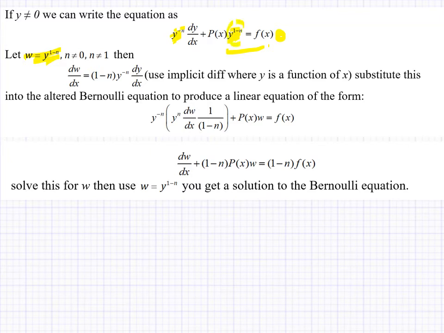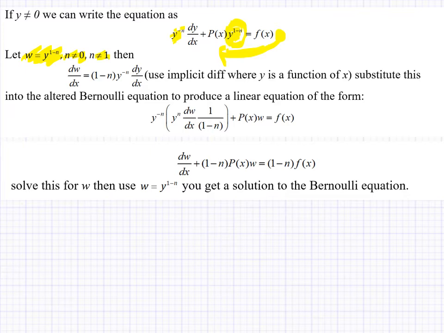So whatever this term right here ends up looking like after I push that y to the n back through the other way, y to whatever power, that's the substitution we're going to make, and we're going to say w. Remember, n doesn't equal 0, n doesn't equal 1. So that's what we're going to let w equal. w is just a random variable, but let's say w.